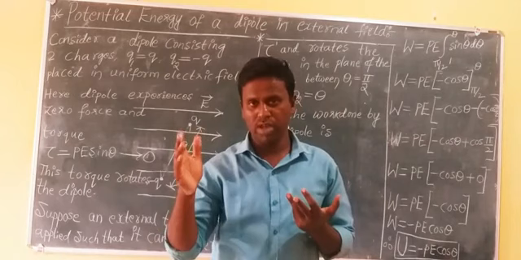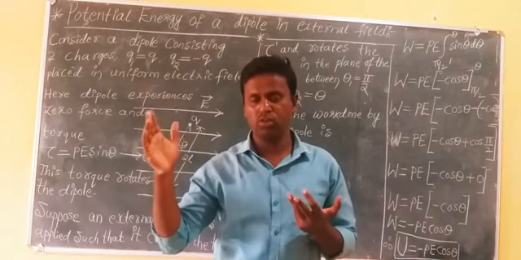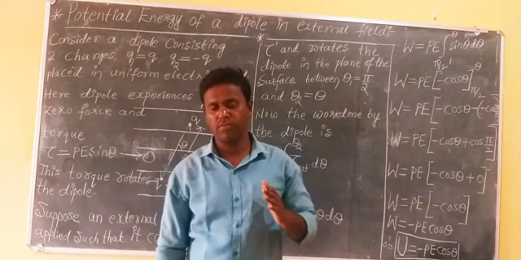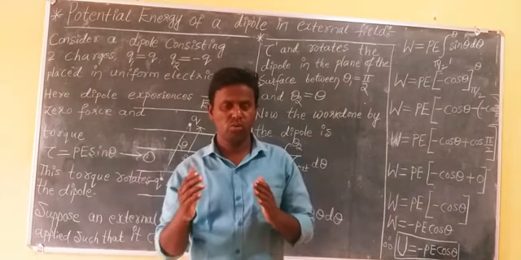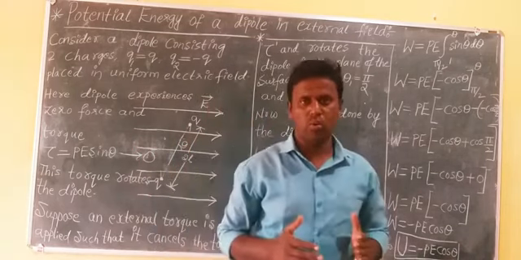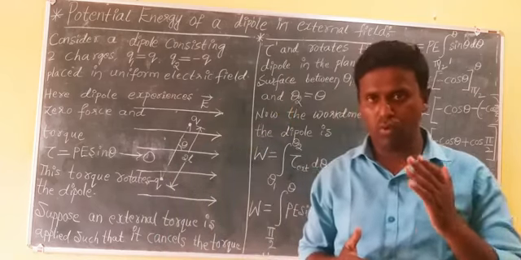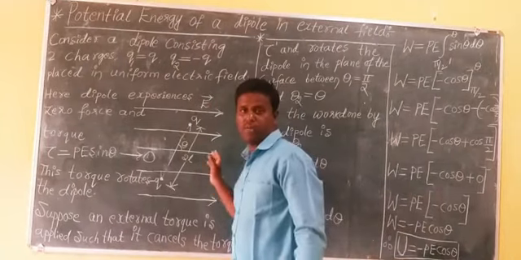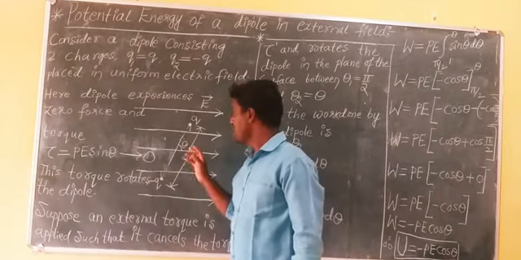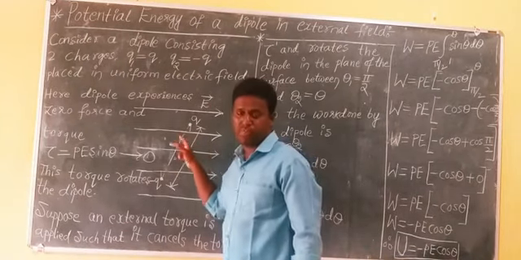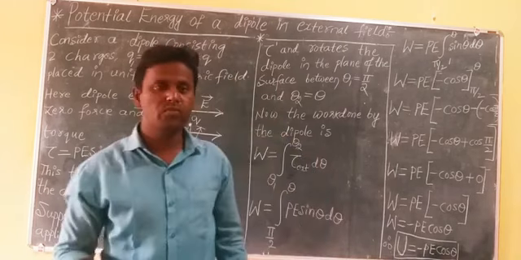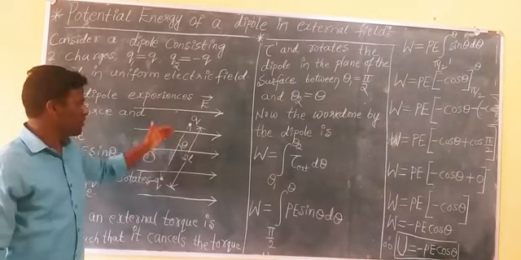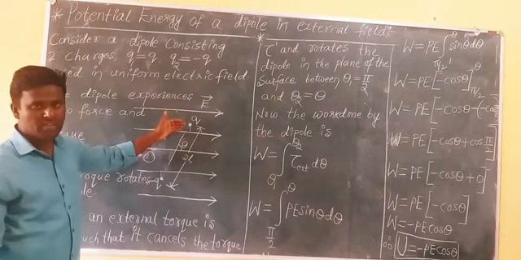The positive charge experiences a force F equals QE, and the negative charge minus Q experiences a force F equals minus QE. So the total force acting on the dipole because of this uniform electric field becomes zero, because its two ends experience equal and opposite forces. The positive force and the negative force cancel each other, right?